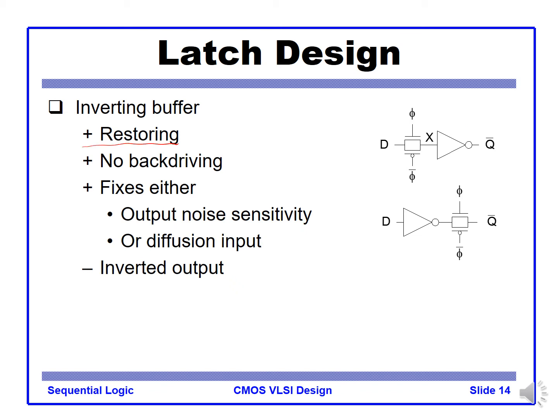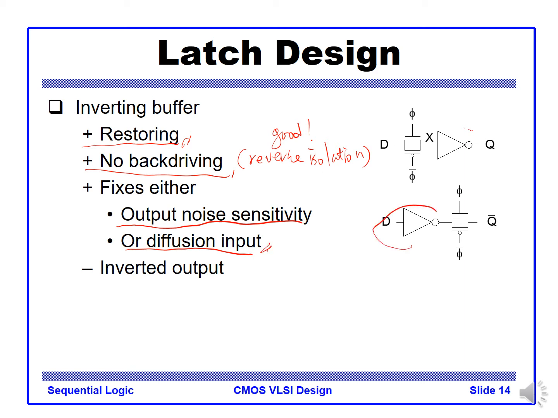So here we have an inverting buffer added, so it is restoring, no backdriving, and reverse isolation is better, right? So we can fix the output noise sensitivity, or we can reduce the diffusion input by adding the inverter at the input, right?